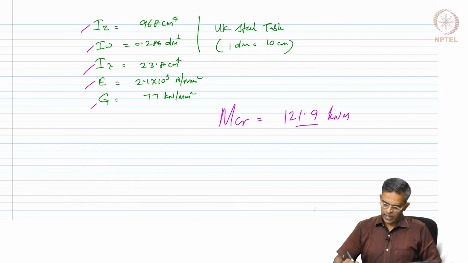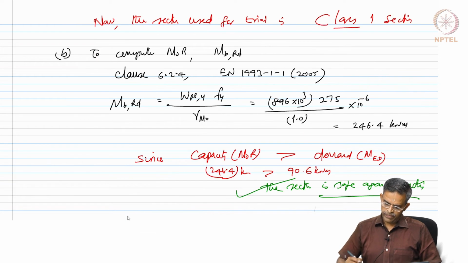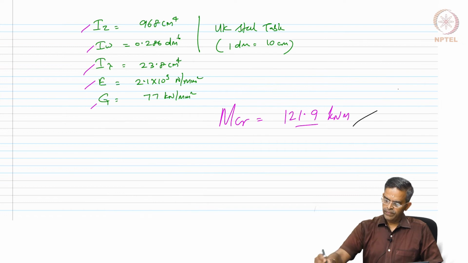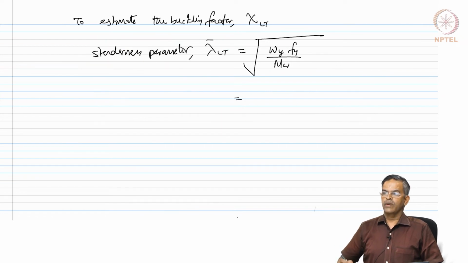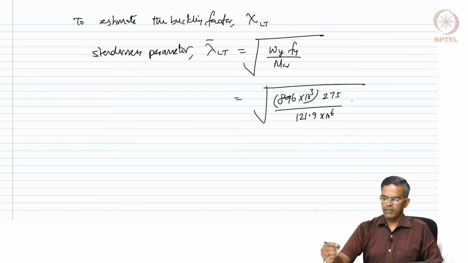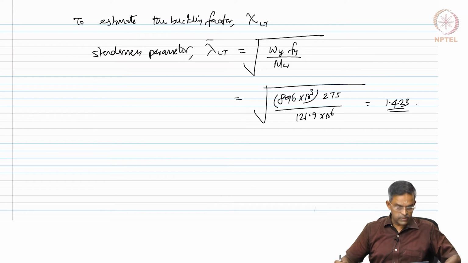We already have this value. Wy we have, Fy we have, MCR also we have. So, let us substitute them. It is going to be square root of 896 into 10 power 3 into 275 divided by 121.9 into 10 power 6. I get this value as 1.423. You can please check this.